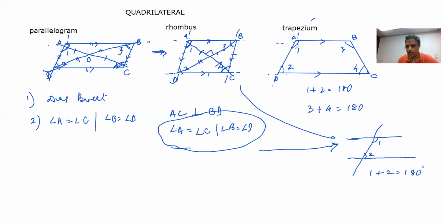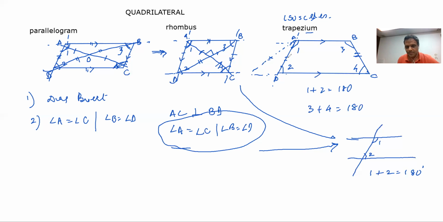But the other two non-parallel sides, they are not equal, now I have made this and this non-equal. So this is the definition of a trapezium. But the moment I make the non-parallel sides equal, then it is called isosceles trapezium.